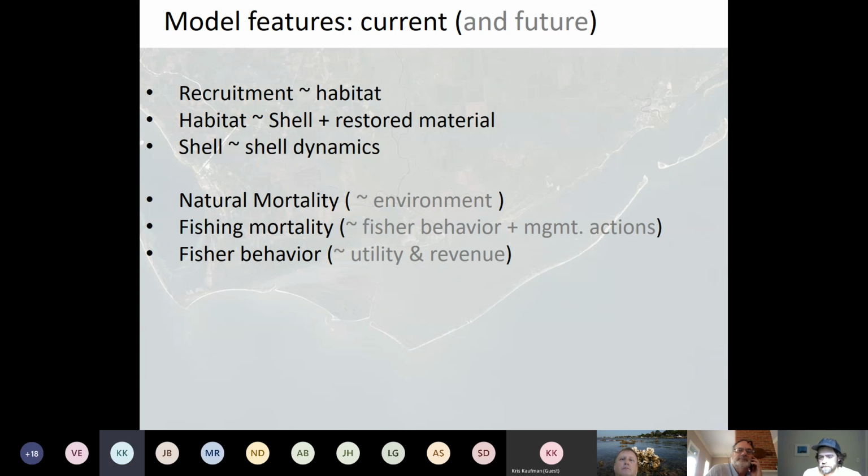There are a lot of other nasty uncertainties with that. For example, how is that relationship between habitat suitable for recruitment and the amount of shell going to be mediated by environmental conditions like salinity or temperature? So there's slop in here that I don't think we're going to be able to fantastically pull apart.